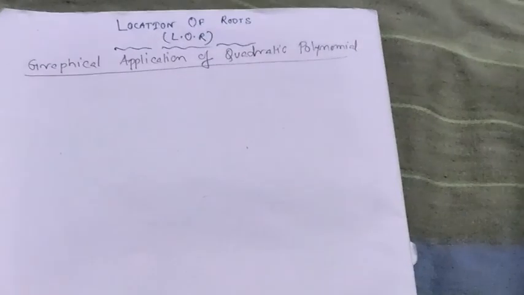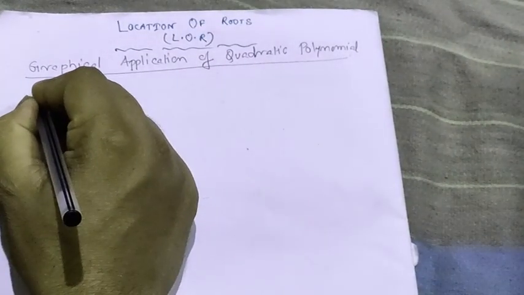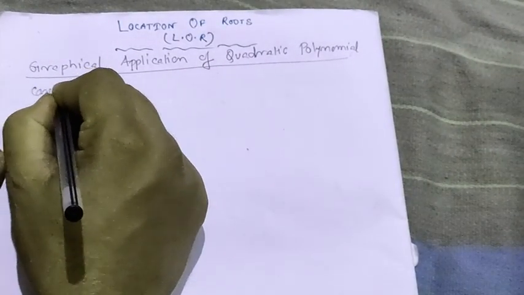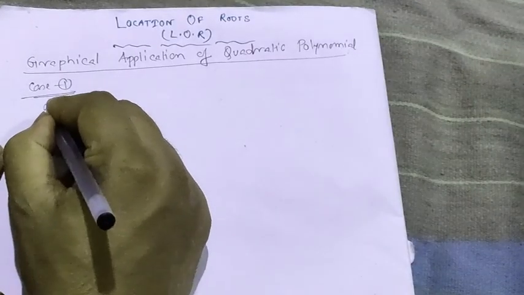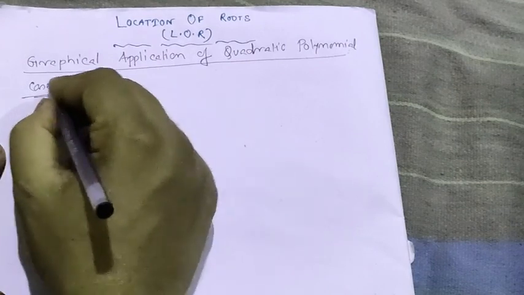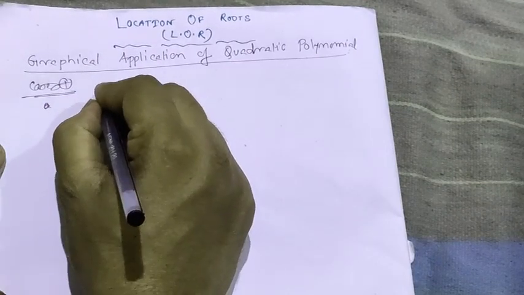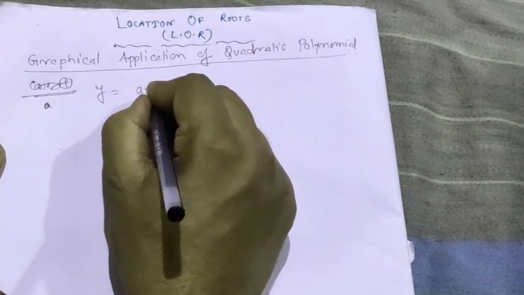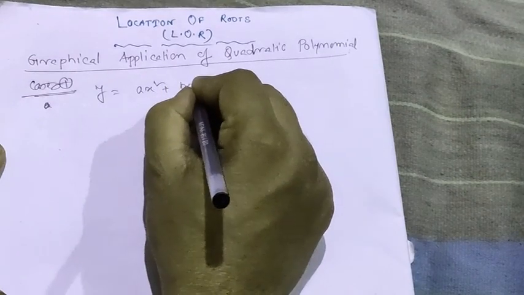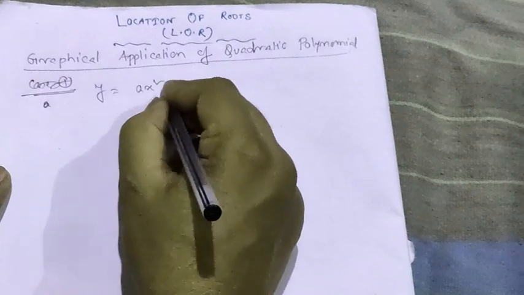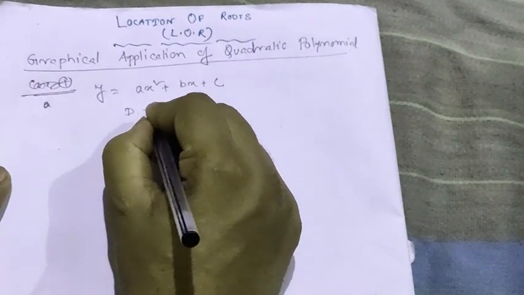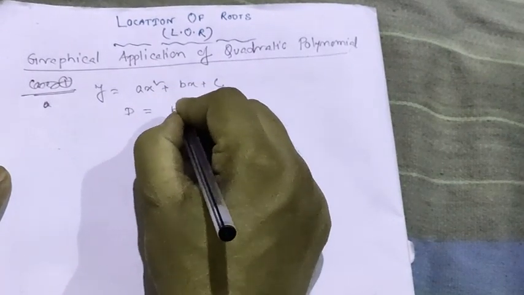So in this case, we will take two cases. First case, that is case 1. First of all, we take the quadratic equation y equals ax square plus bx plus c, and the discriminant of this equation is b square minus 4ac.